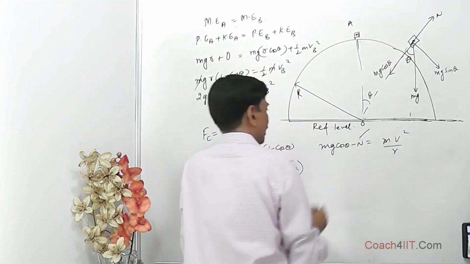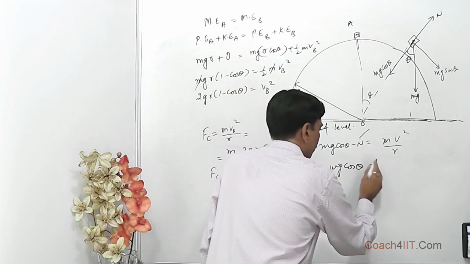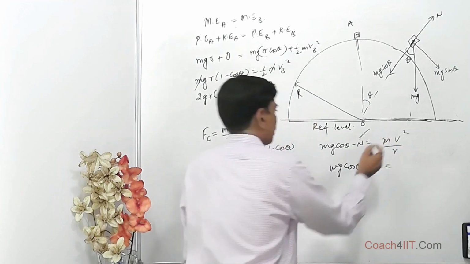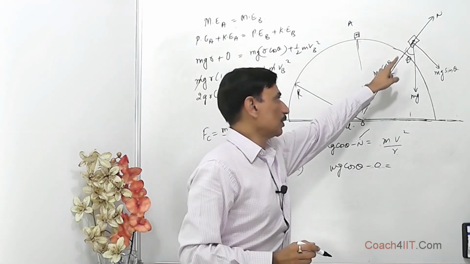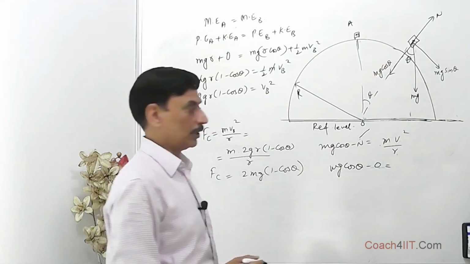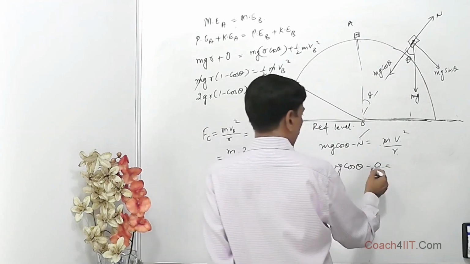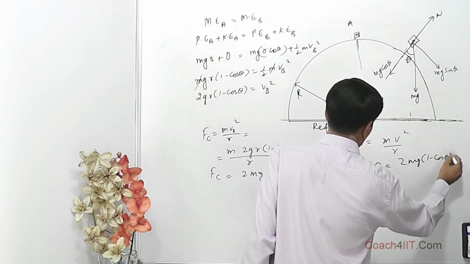When the normal reaction has become equal to 0, it means mg cos theta minus 0 is equal to the requirement for this particular angle theta, when it has just lost contact, that is the central force 2mg (1 minus cos theta). So mg cos theta minus 0 is equal to 2mg (1 minus cos theta).